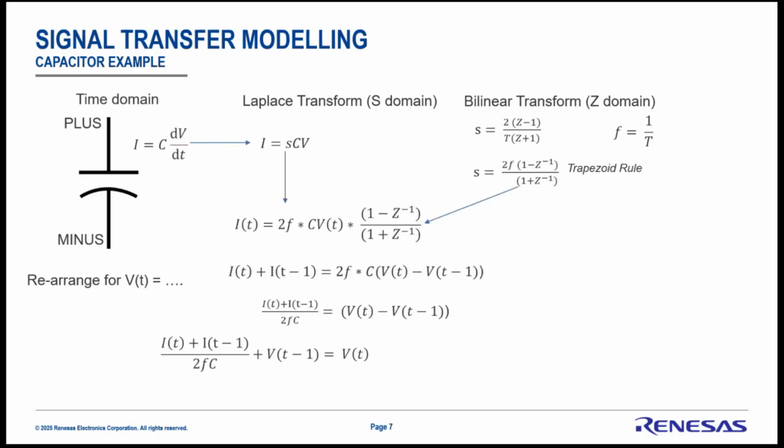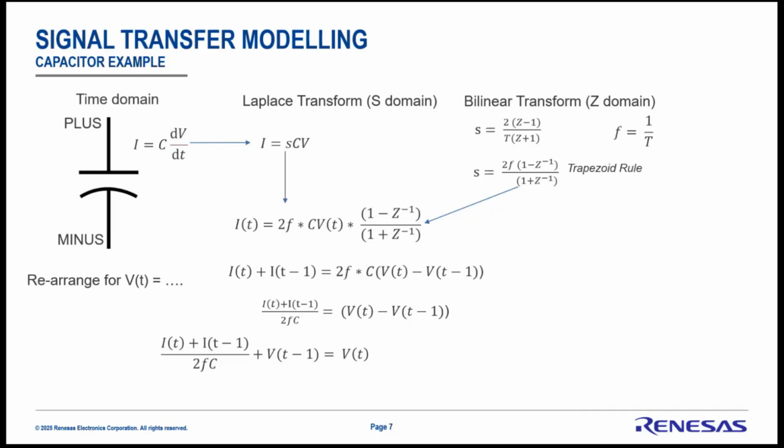So what you can do is shove it all together. This maths is correct, I have checked it. So you do I equals 2 times the frequency times the C, V of t, and then multiply it by the differences.